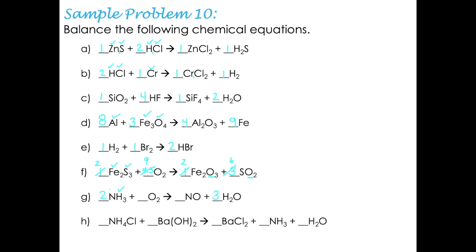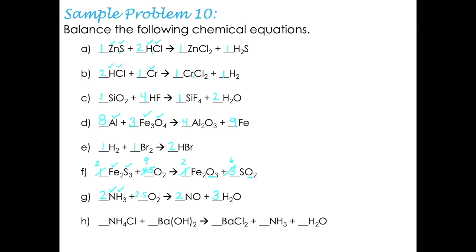Let's check nitrogens now. So I have 2 nitrogens in my reactants. I need 2 in my products. Okay, I'll put a 2 there. Let's check oxygens. 2 groups of 1 is 2 oxygens plus 3 in my 3 water molecules gives me 5. So watch this. Again, I get 2 and a half. I get a half here.